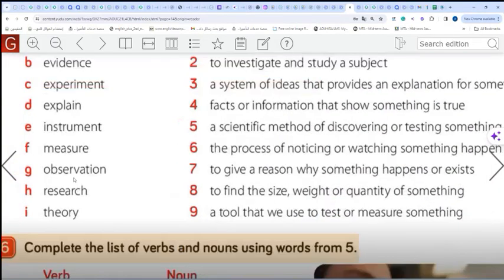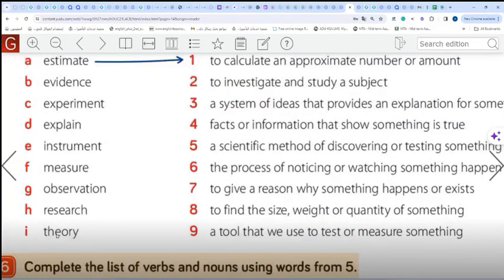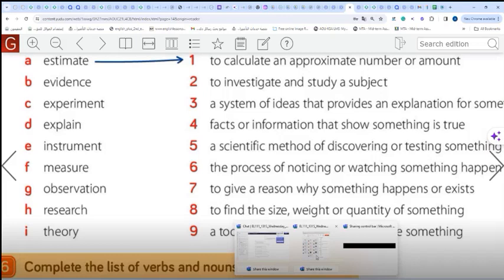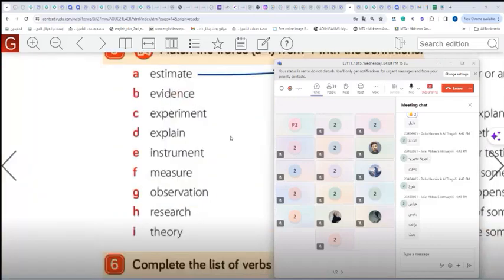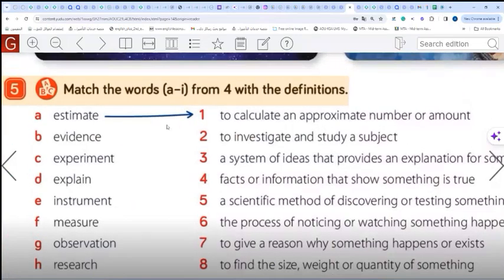Excellent. MashaAllah. So then what about theory? نظرية. Yes, okay. So, dear students, let's try to match the words here with their own definitions.